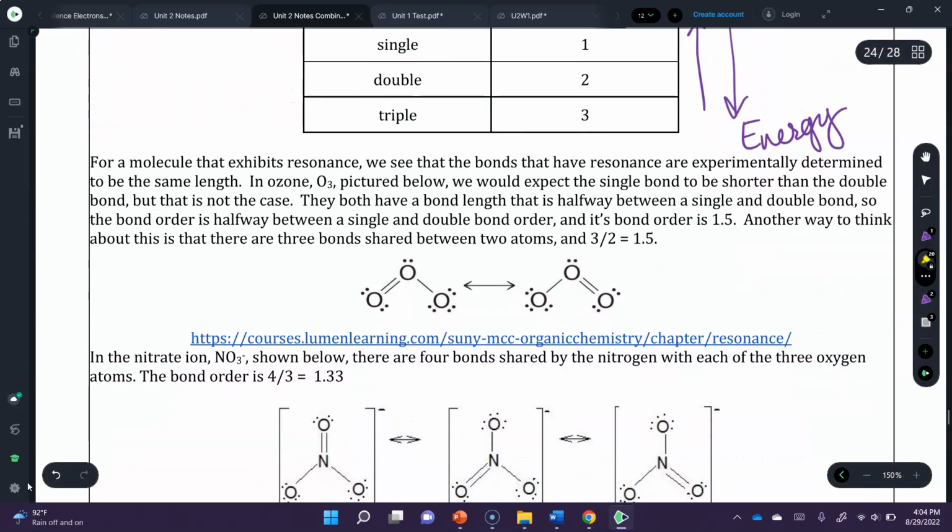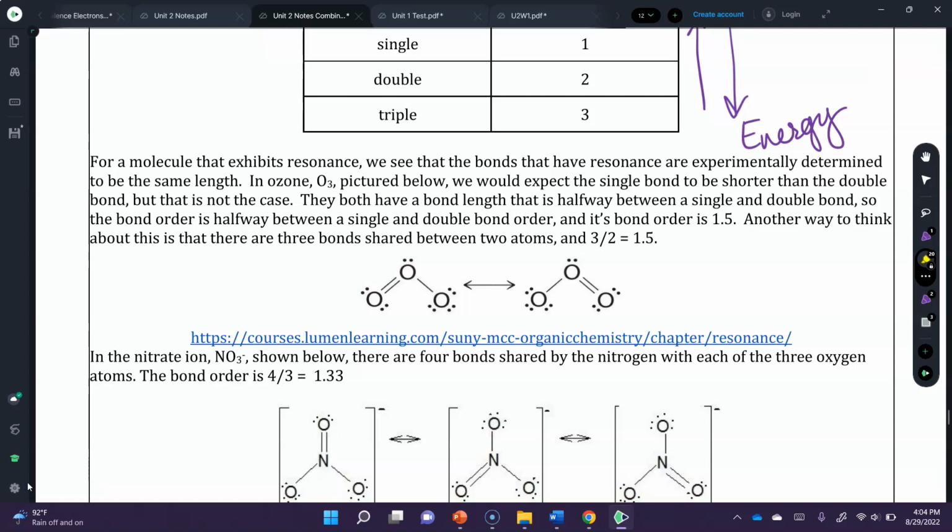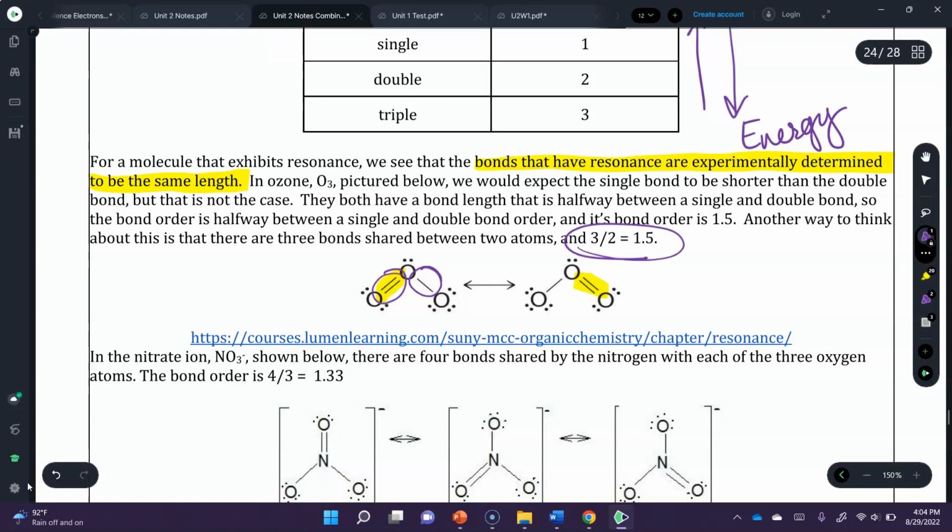For a molecule that exhibits resonance, bonds that have resonance are experimentally determined to be the same length. If we can swap that double bond between two spots, as we see in ozone, these two bond areas actually have the same length, and it then has a bond order of 1.5, averaging between a double and a single bond. 1 plus 2 is 3, and we have 2 bonding areas.